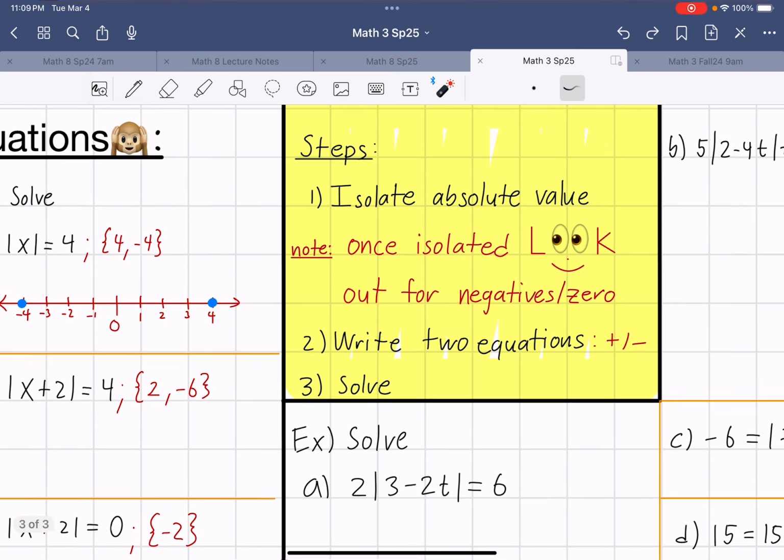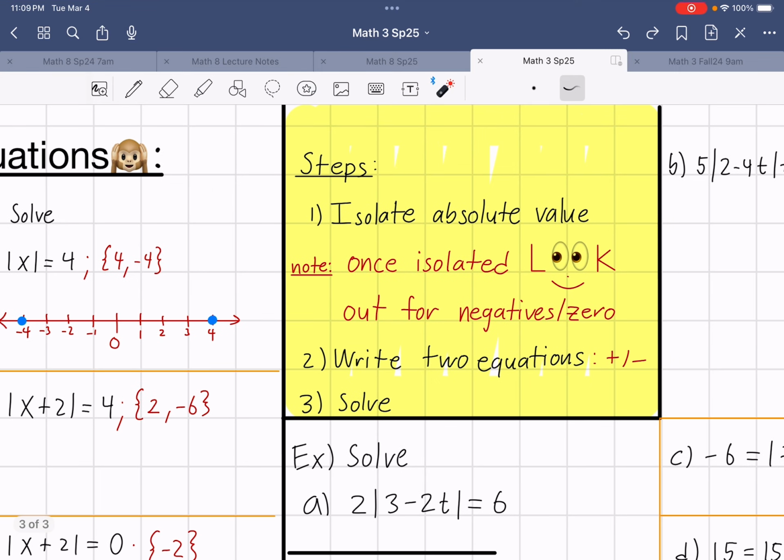Now let me give you the steps we're going to follow. So here we go. First, you want to make sure your absolute value is isolated. So you isolate absolute value. And here's a quick note before you move on to step 2.